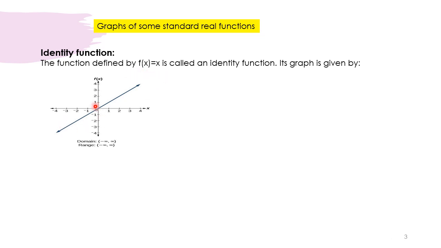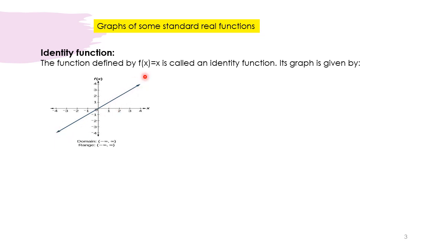And look at the graph. Whenever you take y = x, the points (1,1), (2,2), (3,3), (-1,-1) like this, and (0,0) also, right? Here you see this is a straight line passing through the origin. And if you go a little deeper, the slope is 1, so this line makes an angle of 45 degrees with the x-axis.